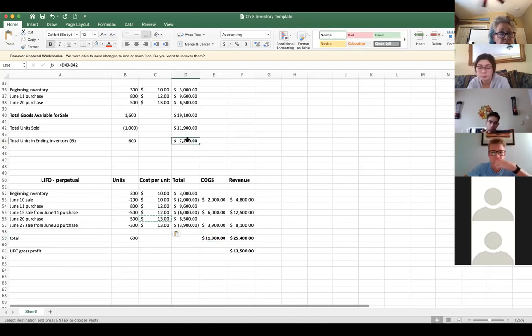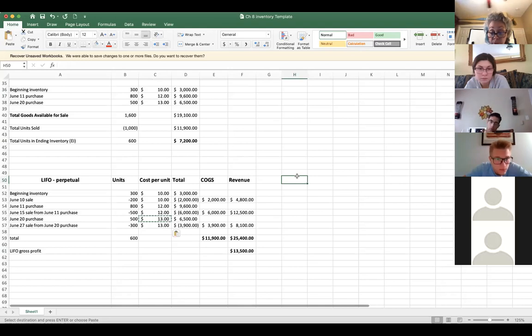All right, so we've got 11,900 as cost of goods sold. We've got 7,200 as our ending inventory, and our gross profit is 13,500. Now, we were in times of inflation, obviously, by looking at our pricing going from 10 to 12 to 13. Given that, do you expect your LIFO ending inventory to be lower or higher than FIFO?